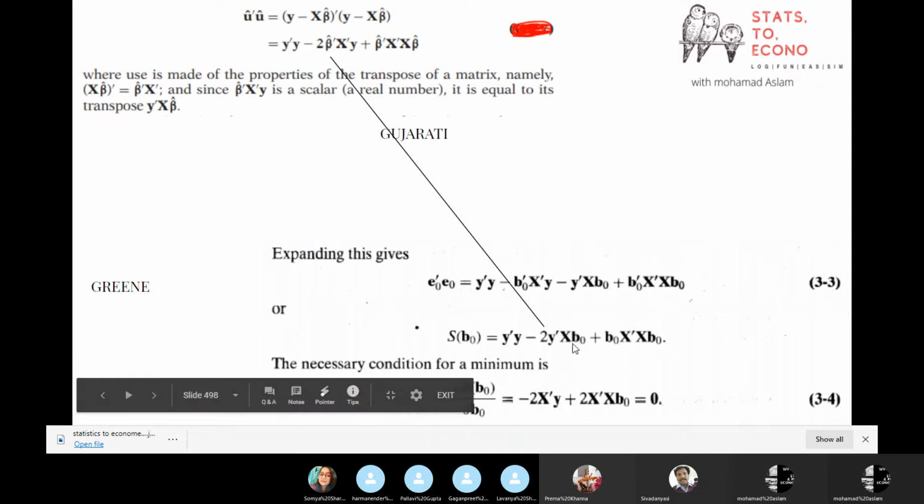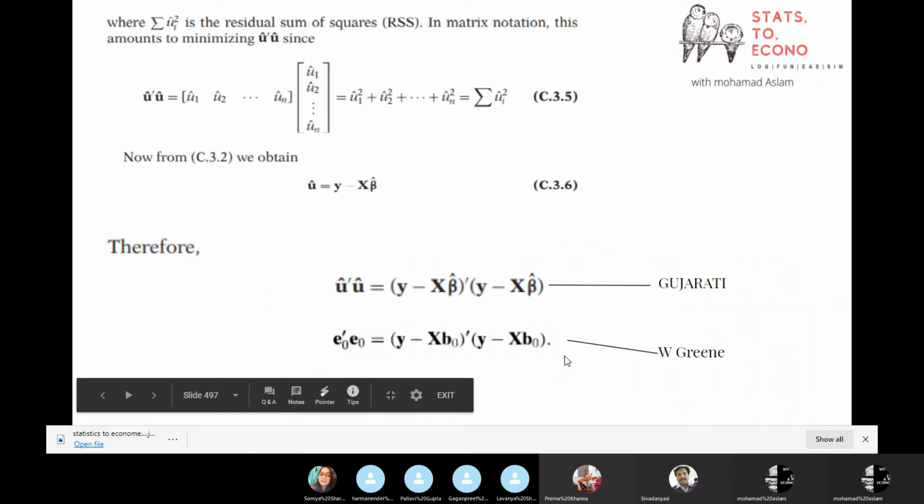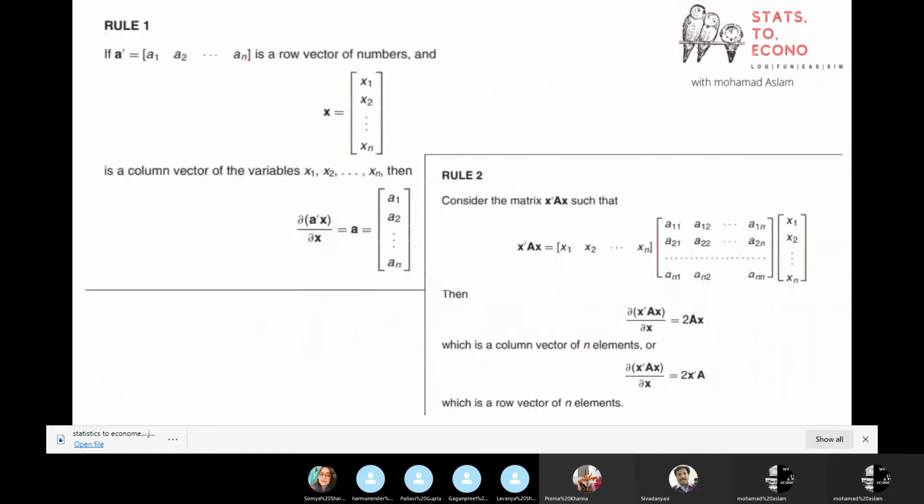So if you differentiate this particular equation with respect to the beta hat matrix, you will get these two values. Now here this transpose will change in the multiplication. This is a property of the matrices, a rule you have to follow.